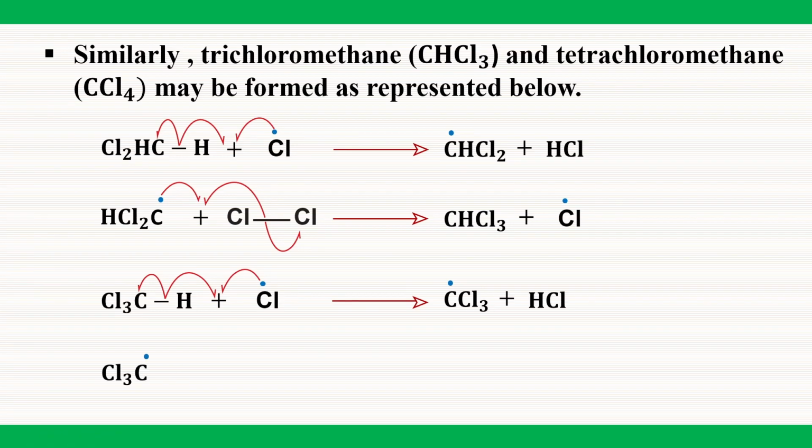This CCl3 free radical formed reacts with a chlorine molecule. Homolysis of the chlorine molecule takes place like this, and this CCl3 free radical combines with a chlorine free radical to form CCl4.